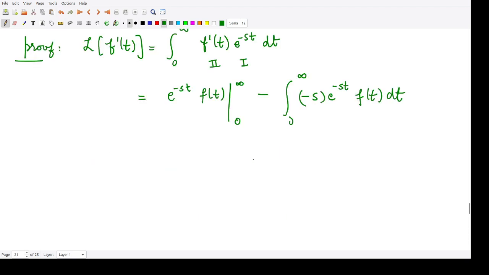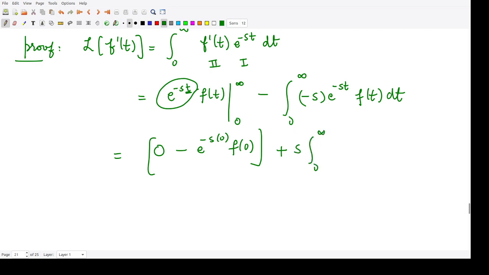Now when you substitute t as infinity, the term e to the power minus infinity becomes 0, so we have 0 here. When you substitute 0, you have minus e to the power minus s into 0, f of 0. This is the value of the first term. For the second term you have plus s outside, and the integral from 0 to infinity of f of t e to the power minus st dt.